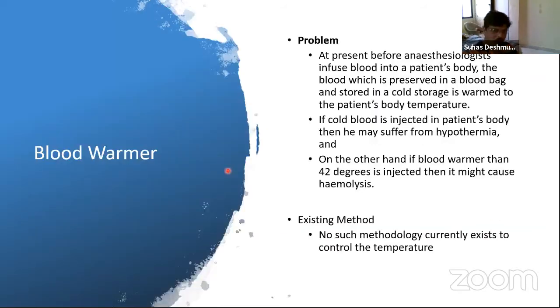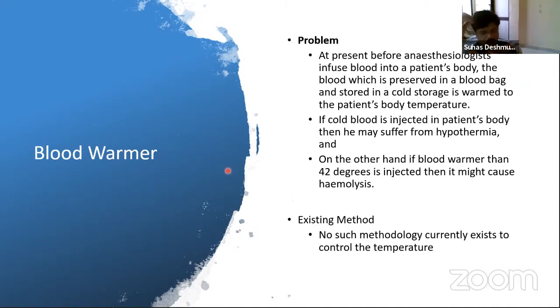Another one. Most of the time, when you go to the doctor, and a person has some critical condition, we need to provide enough blood for him. So whenever we are going to provide blood, the doctor takes a blood bag from the refrigerator directly, and the temperature of the blood is approximately 8 degrees or less.